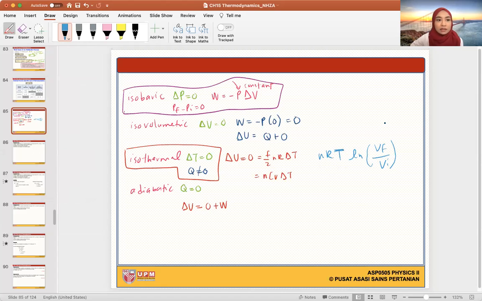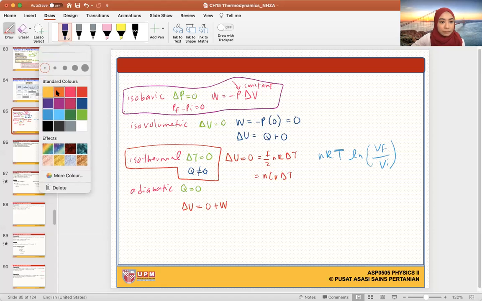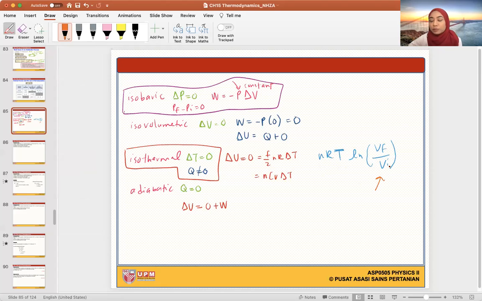What is changing in this equation? The volume changes. So isovolumetric is definitely not it. And then we have T. T does not have a delta there, so T is constant. So yes, this equation applies for isothermal, and this is for the work done.